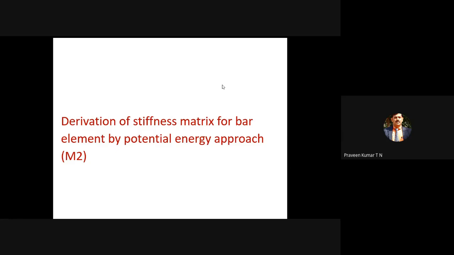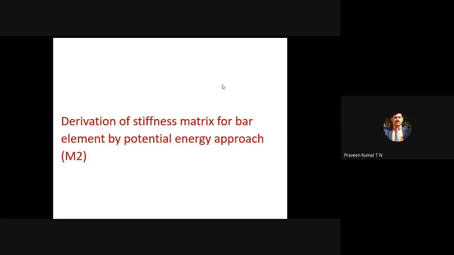Any matter or material having temperature more than 0 Kelvin has some energy, either kinetic energy, potential energy, or heat energy. Only when the material comes to 0 Kelvin is the energy zero.